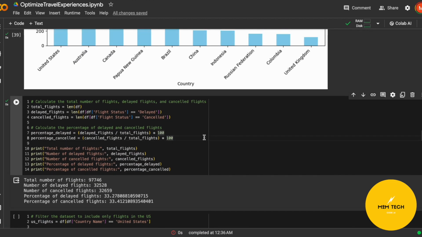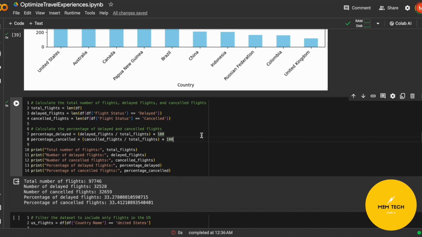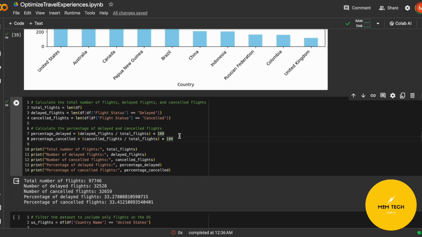Since the United States has the most cancelled and delayed flights, but also has a lot of flights overall, it was necessary for me to get an overall picture of the total number of flights and what percentage of those flights are getting delayed and cancelled. So this is what I do here.